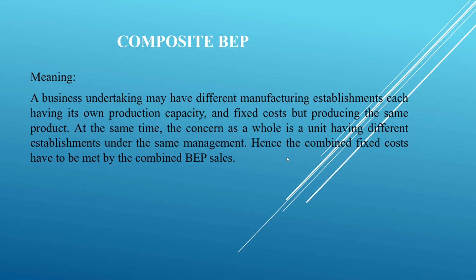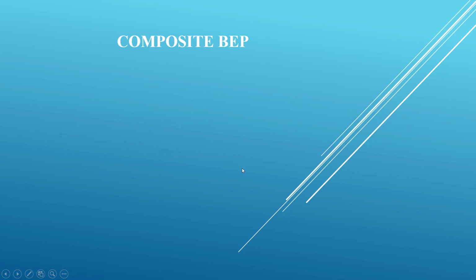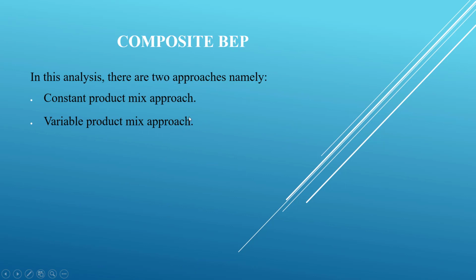Combined BEP means we have to find out together all the fixed cost, or else the sales or the contribution of a company. Now, for this composite BEP, there are two approaches: mostly the constant product mix approach and the variable product mix approach.